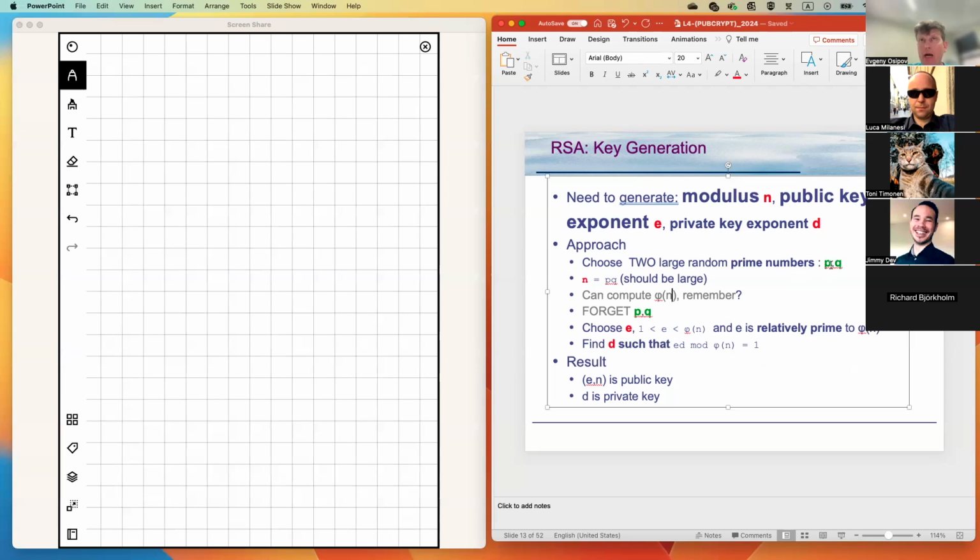Since they are primes, all numbers up to P are relatively prime to P, except for one, and the same is valid for Q. It means that the number of relatively prime numbers to P will be P minus 1, and the number of relatively prime numbers to Q will be Q minus 1.